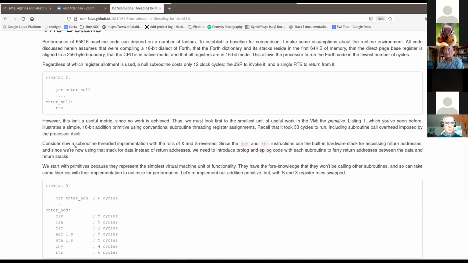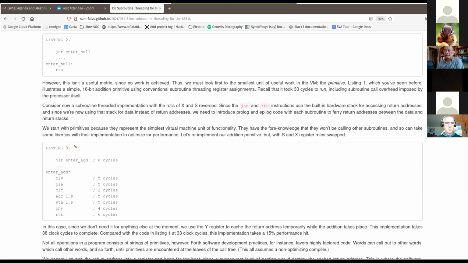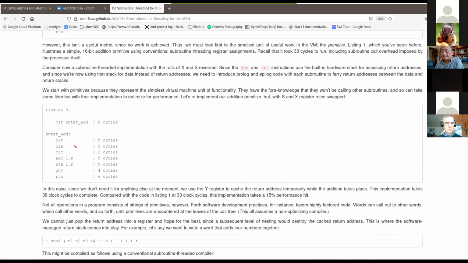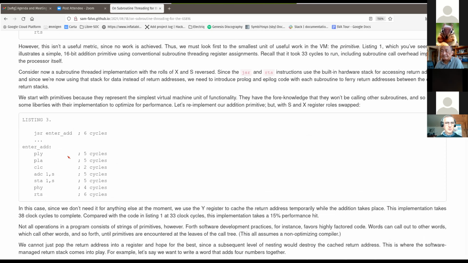So what I do is count cycles depending on which method is used. Here, for example, I've written an implementation of the primitive plus. This just adds two numbers, and in this case I'm using S to point to the data stack.